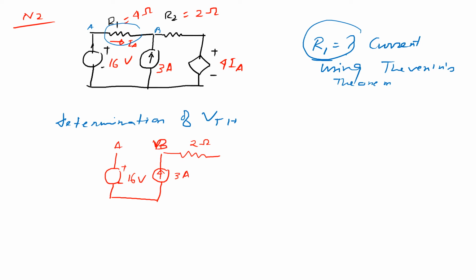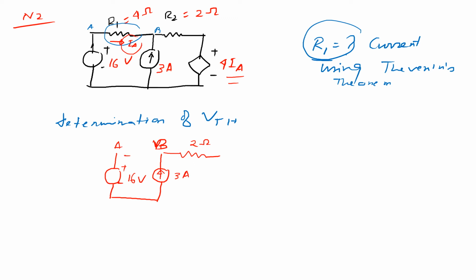After removing that resistance R1, the current flowing through this terminal is 0. So due to that reason, there will be no existence of the dependent voltage source, because it depends on the current flowing through the R1 branch.